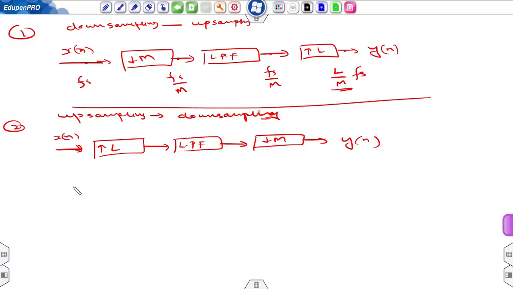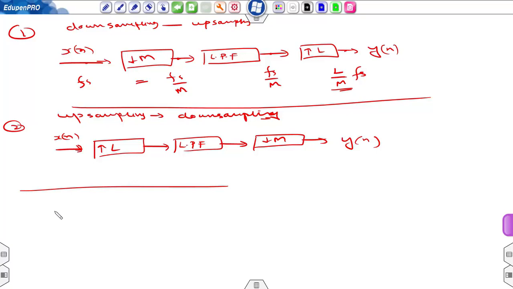Starting with the first combination: suppose you downsample first and then pass the signal through the anti-aliasing filter. This will do both things: avoid aliasing and eliminate spectral images.